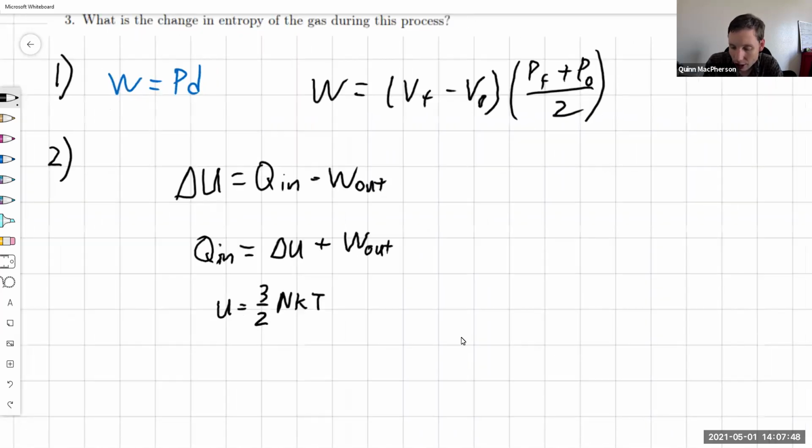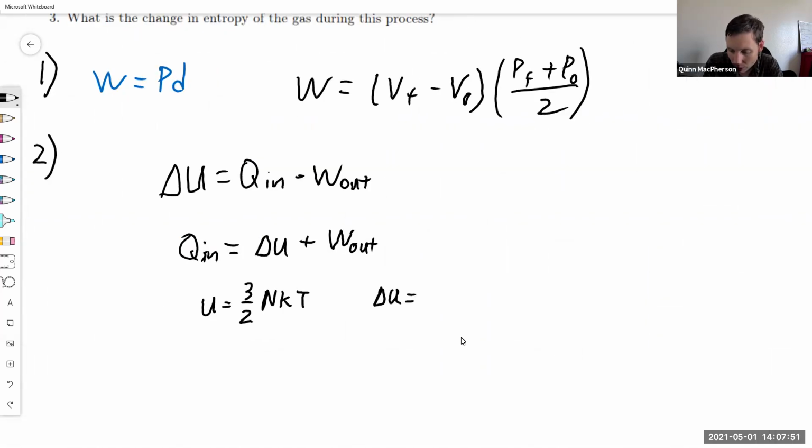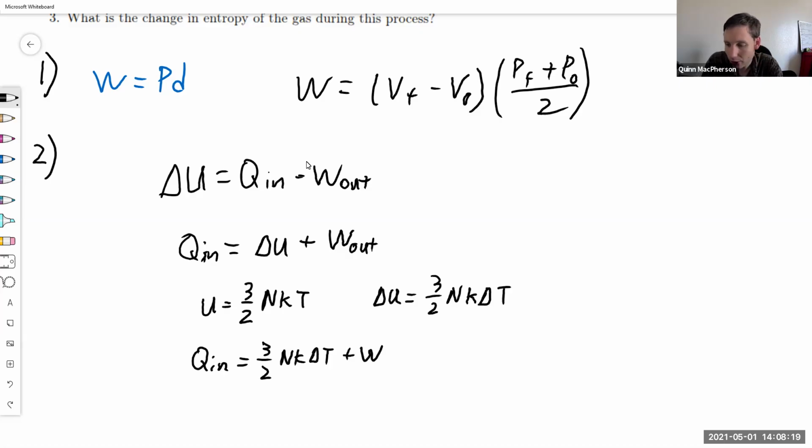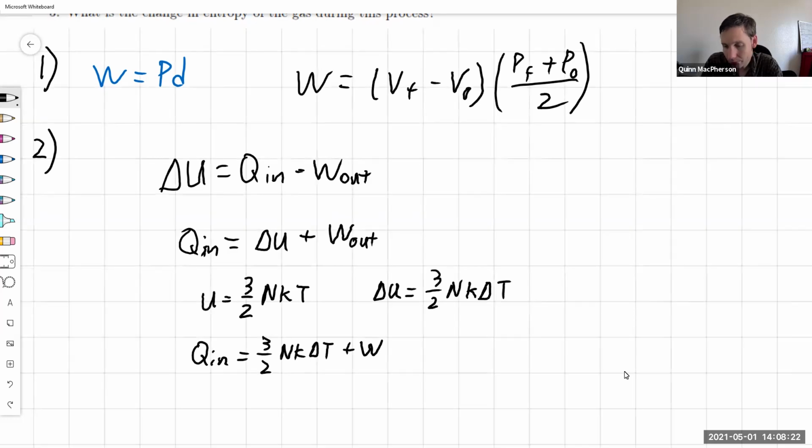Said differently, delta U is equal to 3/2 NK delta T. So we can write Q in as 3/2 NK delta T plus the work, which we already have up there.